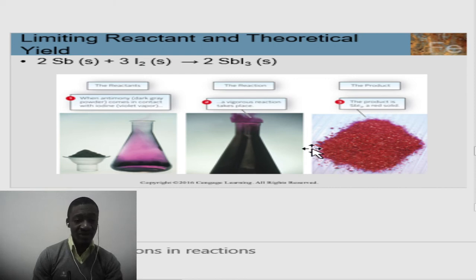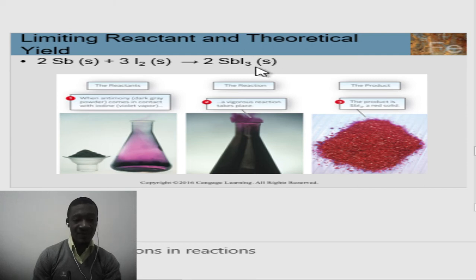The reaction is also vigorous, meaning you can see a lot of activity in the process, it fumes, and then you get this product, which is a solid. The product is antimony iodide.